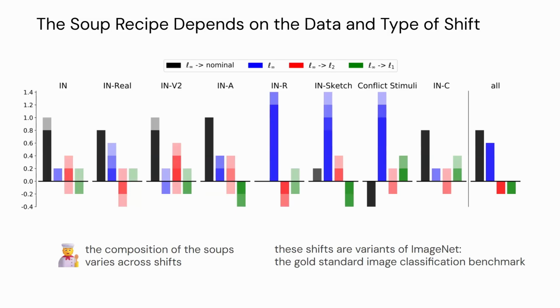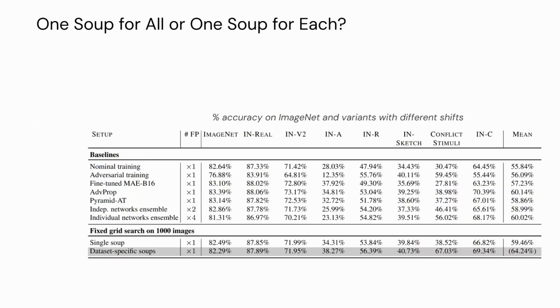So for this shift, we're seeing that pop out, where it's actually subtracting out that behavior of preferred texture when you're being scored on shape instead. So the takeaway here is that the composition, the mixing of the soups, does depend on the test set, right? And we're seeing this kind of adaptation where we're picking different soups based on the few-shot supervision we're getting.